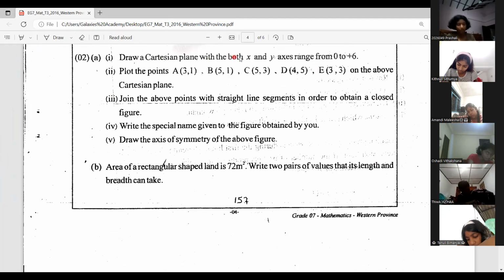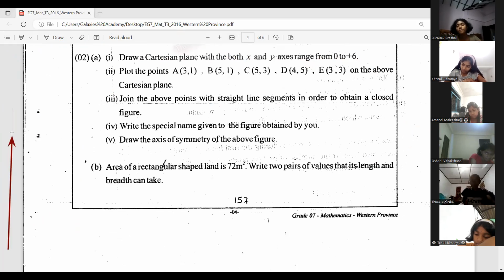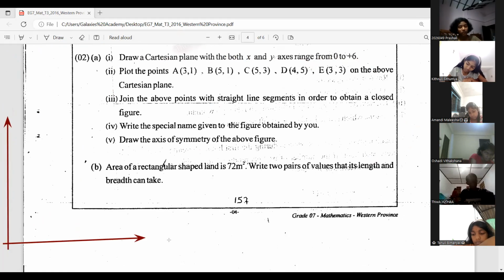Draw a Cartesian plane with both x and y axis range from 0 to positive 6. Right? 0 to positive 6. You have to draw the Cartesian plane. ඔයගොල්ලෝ අඳිනකොට කොටු දෙකෙන් දෙකට වගේ ගන්න යුනිට් එක ගානේ.